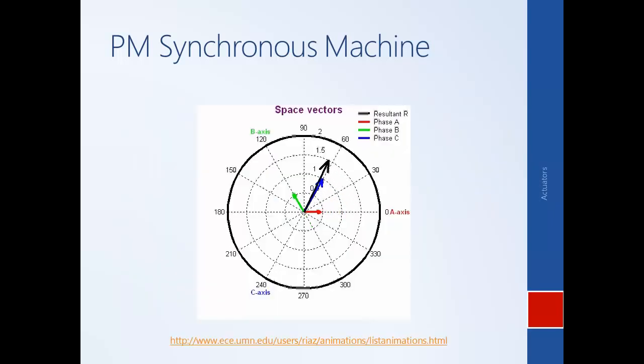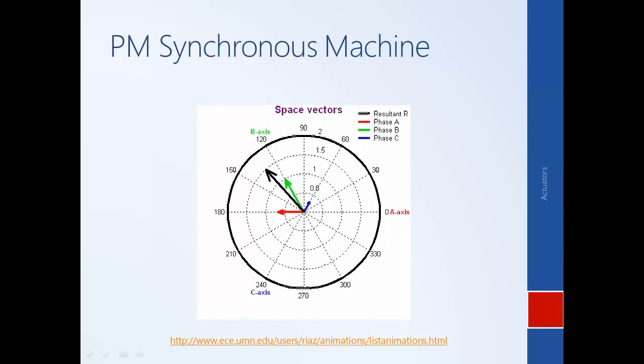So here's an animation showing this concept of a space vector. Here's the A phase, and the current through this phase is alternating sinusoidally. So it's negative, and then it's 0, and then it's positive, and then it's back to 0. Same thing with the B axis and the C axis.